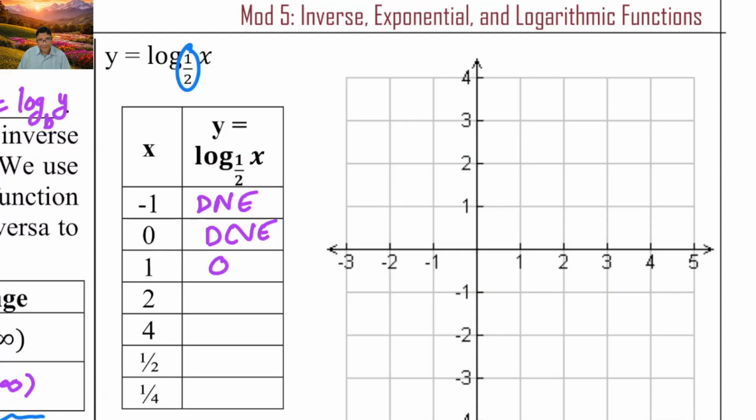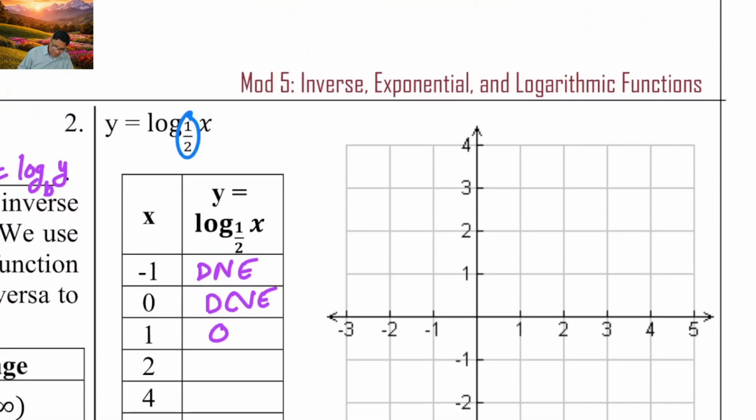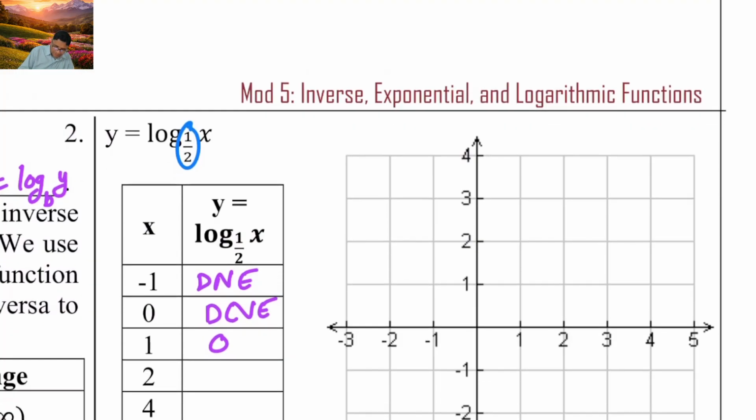Now what's going to be log of 2? That's the interesting one, right? I'm talking about evaluating log of 2 when the base is half. There are different ways you can approach this.